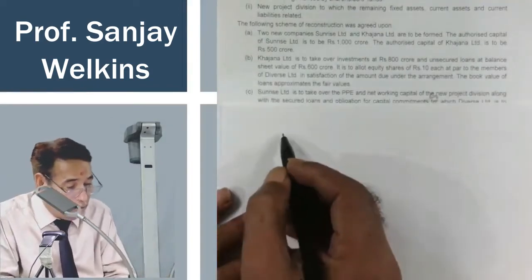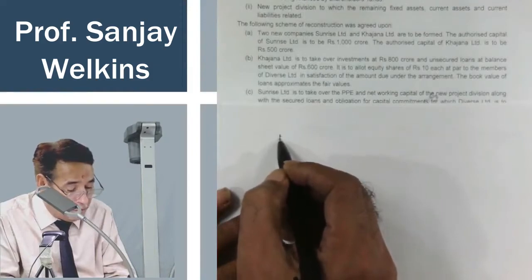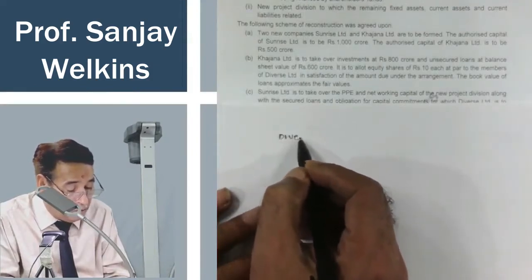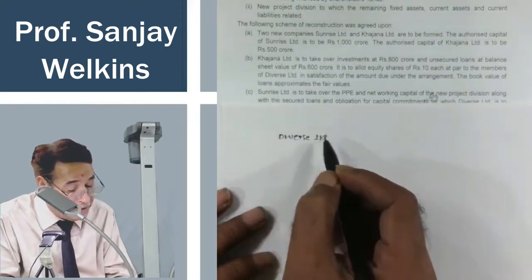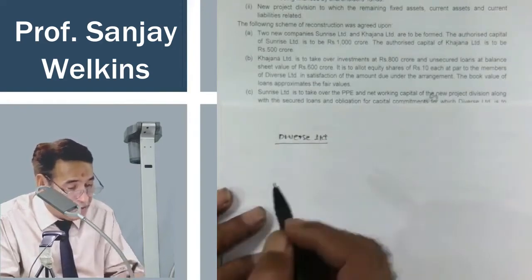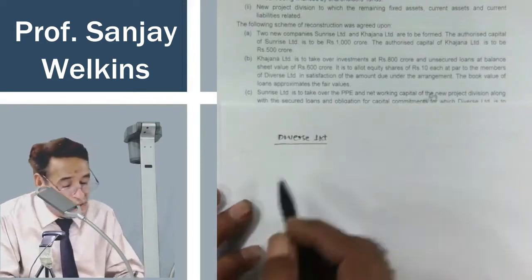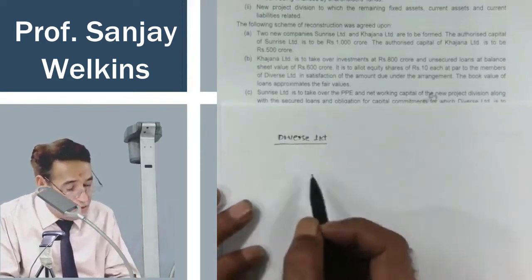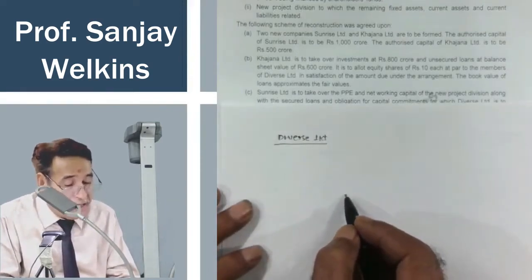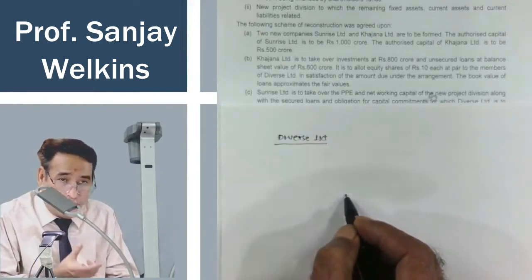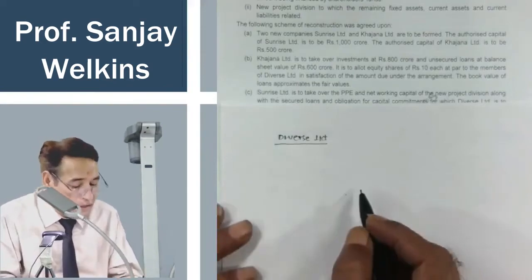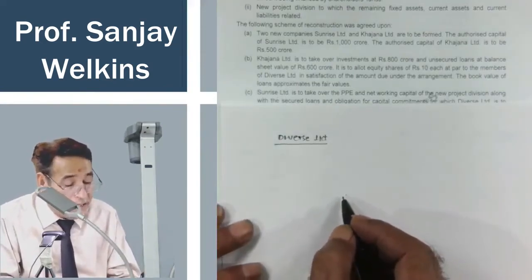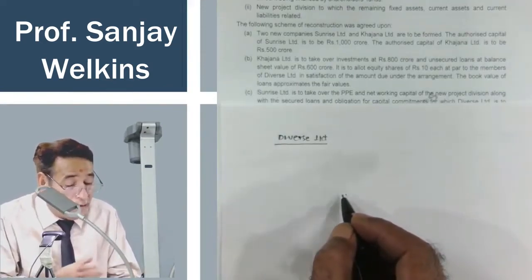I have already told you this is your Diverse Limited entity, and this entity has two divisions. We have already seen the establishment division and the new project division. Now the question states that in the scheme of reconstruction this company has gone for, they want to reorganize their entire affairs, and for the same they have formed two new companies.